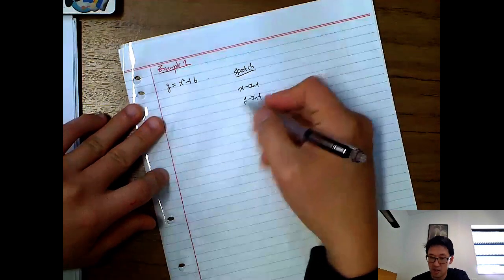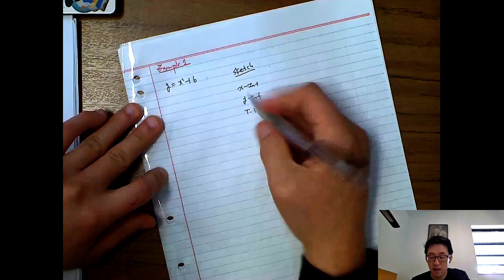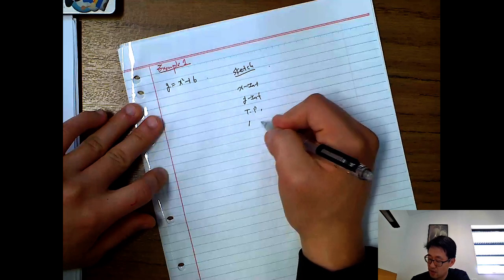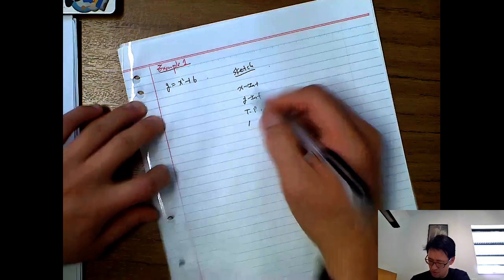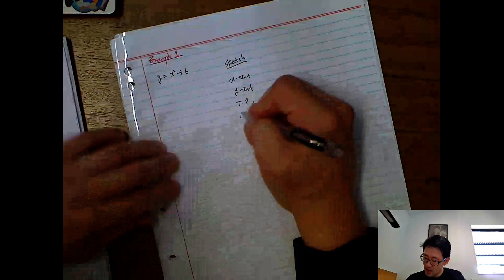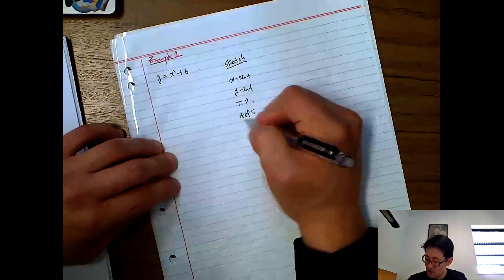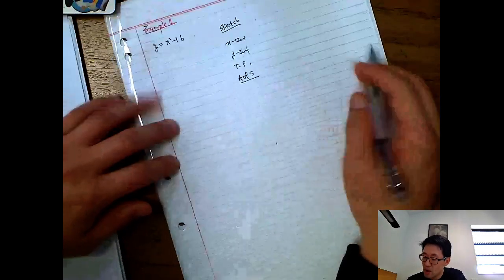Okay, x-intercept exists, and then turning point, and axis of symmetry. I'll just write down any short form I can. No, you have to write down the whole thing.